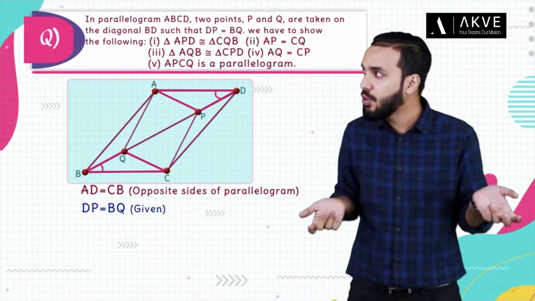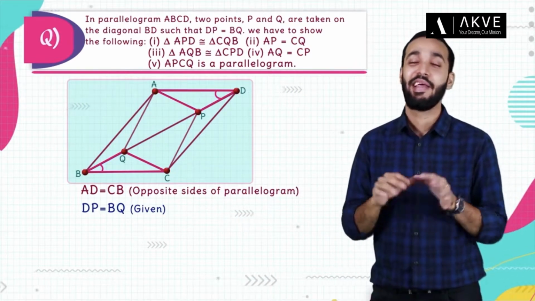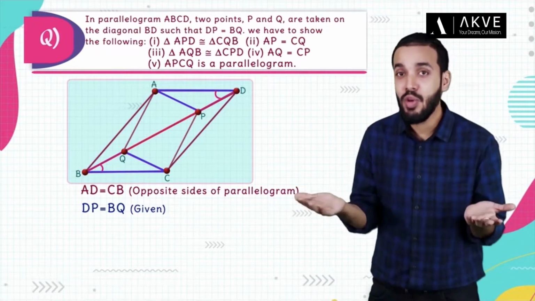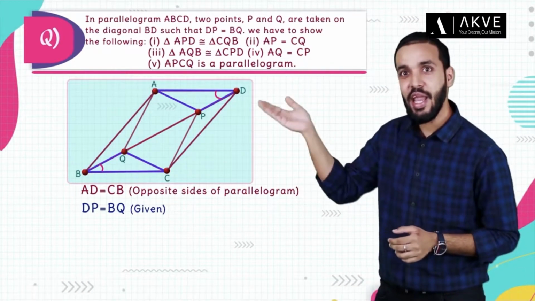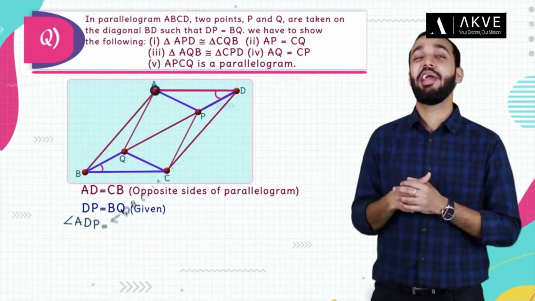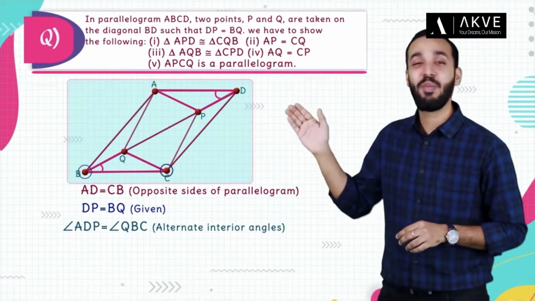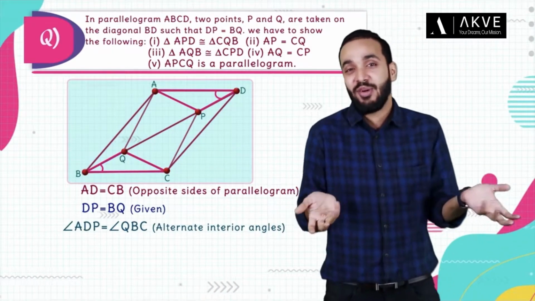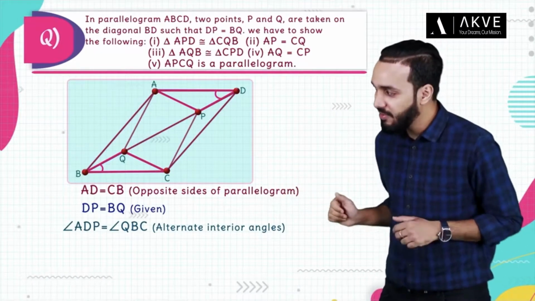So, how do we go about that? Well, if you notice, DB acts as a transversal between parallel lines AD and CB. Clearly, angle ADP and angle QBC form a pair of alternate interior angles. So, of course, they are equal. There you have it.